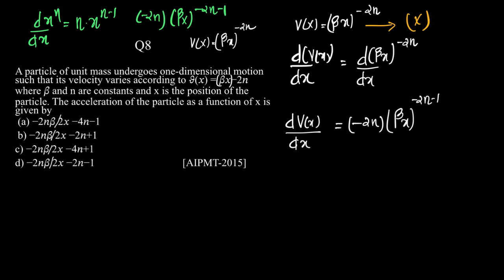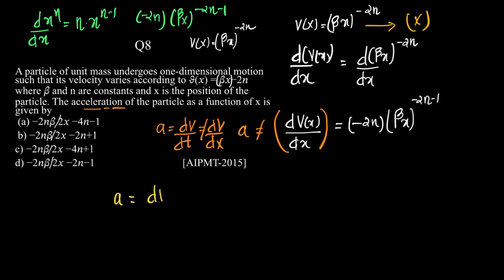Now, what we need to keep in mind is that we've been asked to find the acceleration, and this is not equal to acceleration. Why? Because acceleration is equal to dv by dt and not dv by dx. Then what is the method to find acceleration?